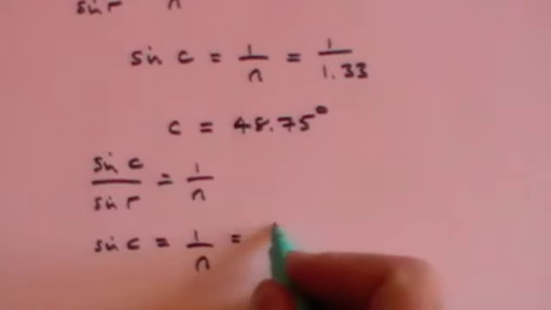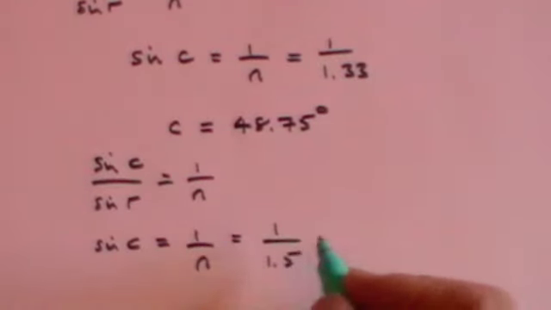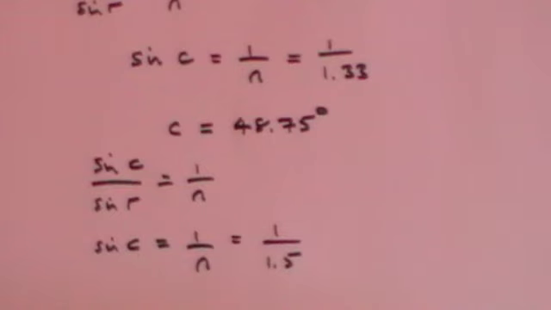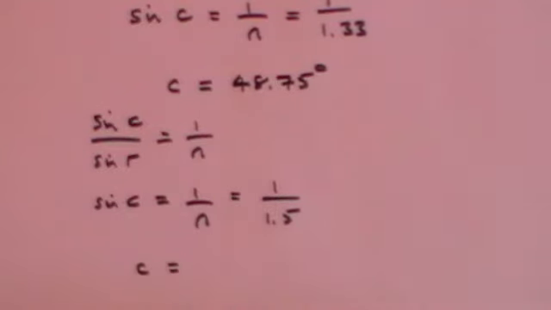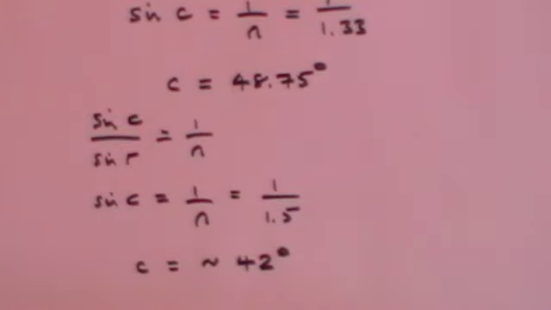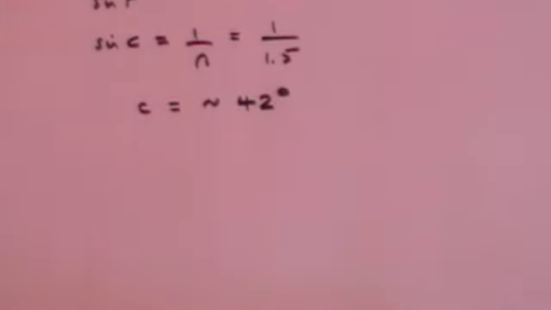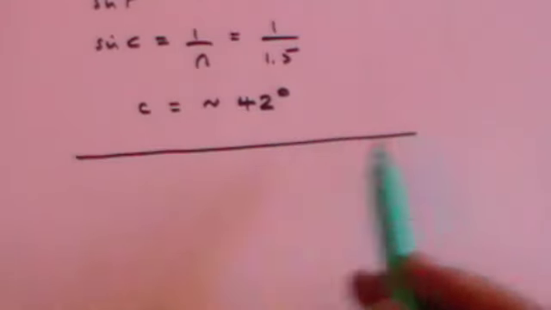And that for glass is 1 over 1.5 because the refractive index of glass is 1.5. And if you work that out, you'll find that the angle is of the order of 42 degrees. Now the relevance of that is, let's just consider a piece of glass fibre.